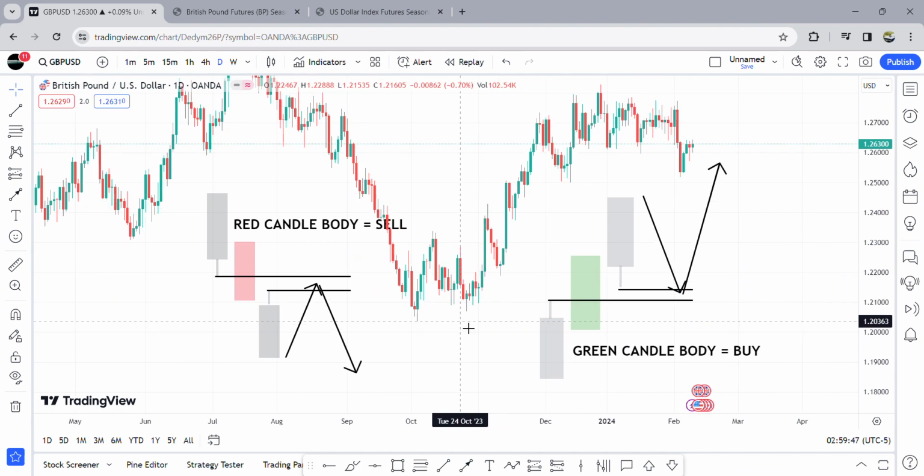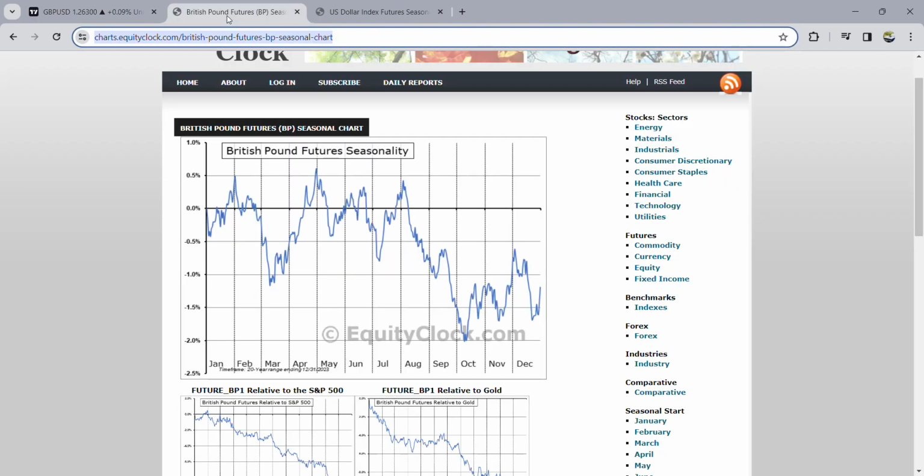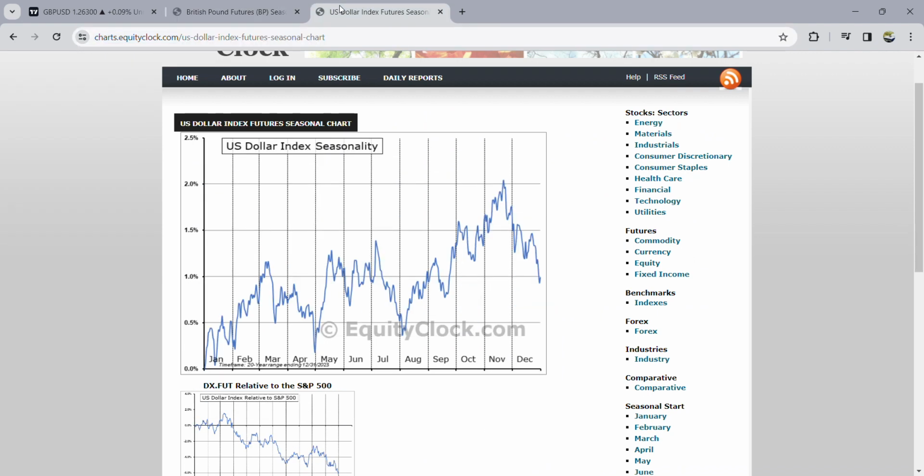Now this on its own is good, but having narrative behind it is what makes this work and what makes it amazing. If you guys have a keen eye, you'll see up here my other tabs that are open: British pound futures seasonal chart and US dollar index seasonal chart.